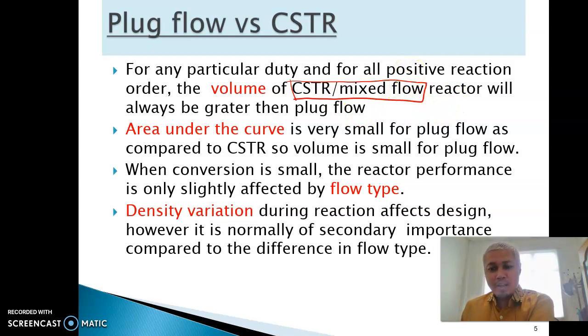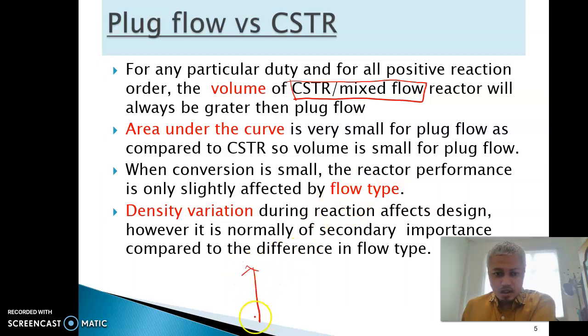So go back to that lecture, and you need to really understand that part. And then why we say that CSTR will always be greater than plug flow. We have discussed that as well, so you need to go back to that video. The area under the curve is very small for plug flow as compared to CSTR. Okay, this is the reason.